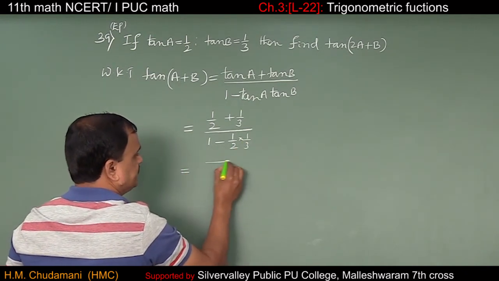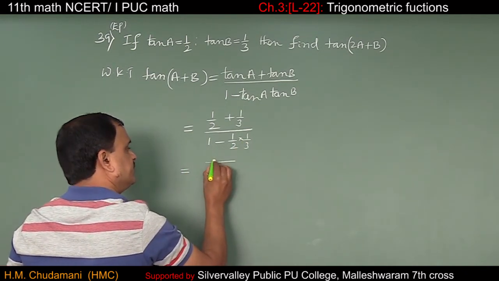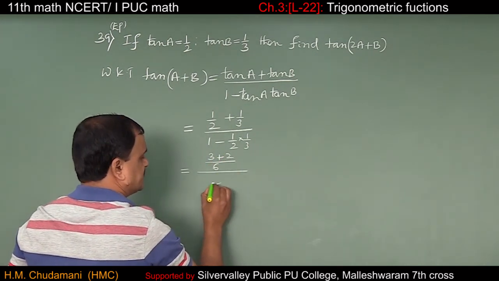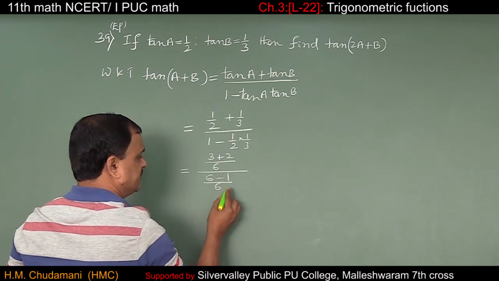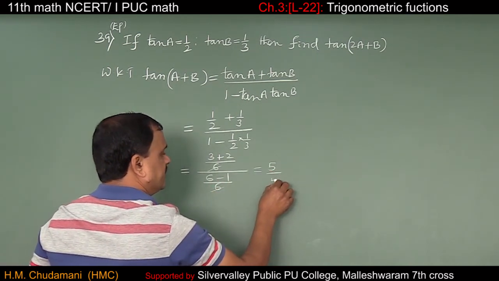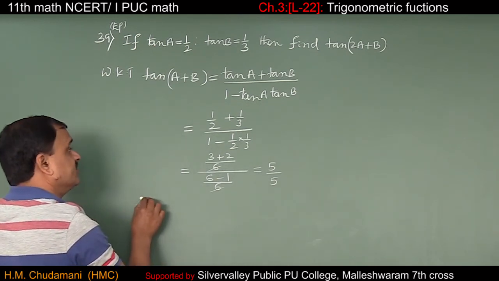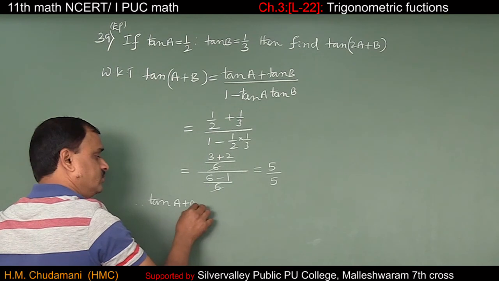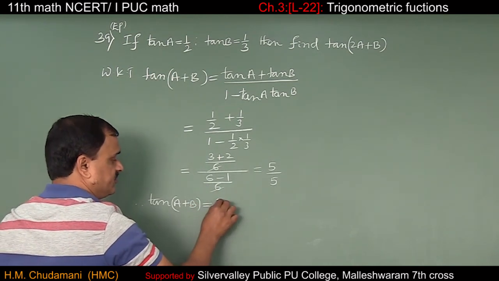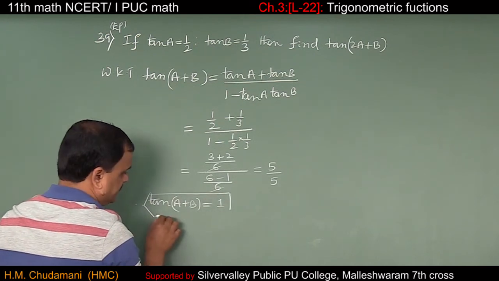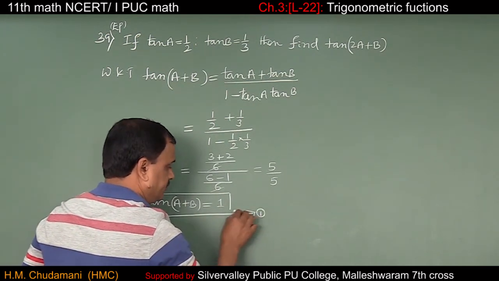Take 6 as the LCM. So 3 plus 2, and here also 6 as the LCM means 6 minus 1. So 5 divided by 6 minus 1 is 5. Therefore tan of A plus B is equal to 1. Say this is equation 1.